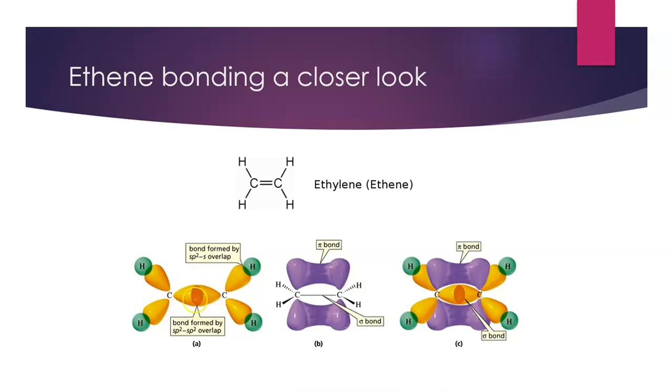So we've got the two p orbitals overlapping, and then we have these sigma bonds here and the sigma bond here. Remembering that we have the pi bond formation across our p orbitals.